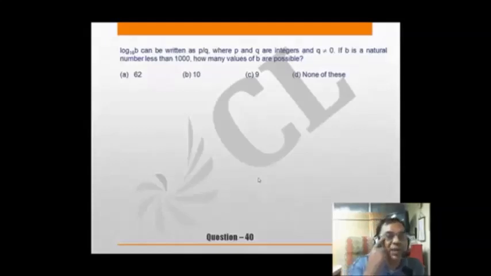Log 16 b can be written as p by q, p and q integers, and q is not equal to 0. Okay, and b is a natural number less than 1000. How many values of b are possible? Now I'll have to just start going for the powers. If I start going for the powers, p by q, and a is a natural number.